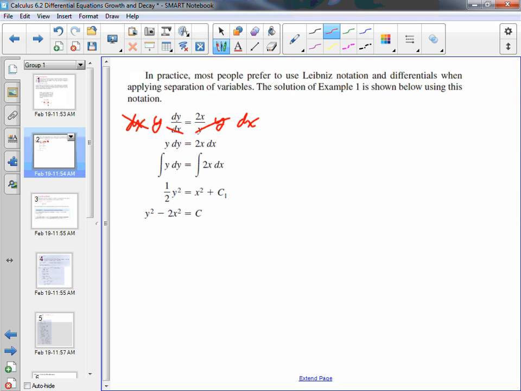So what you're left with on the left side is y dy. What you have on the right side is 2x dx. Everybody follow me? That's a fairly simple example of separation of variables. And it comes up quite a bit. Not only is it simple, it comes up quite a bit. So we've got the y's and the dy's on the left, the x's and the dx on the right. Integrate both sides. That's what they're doing on that step.